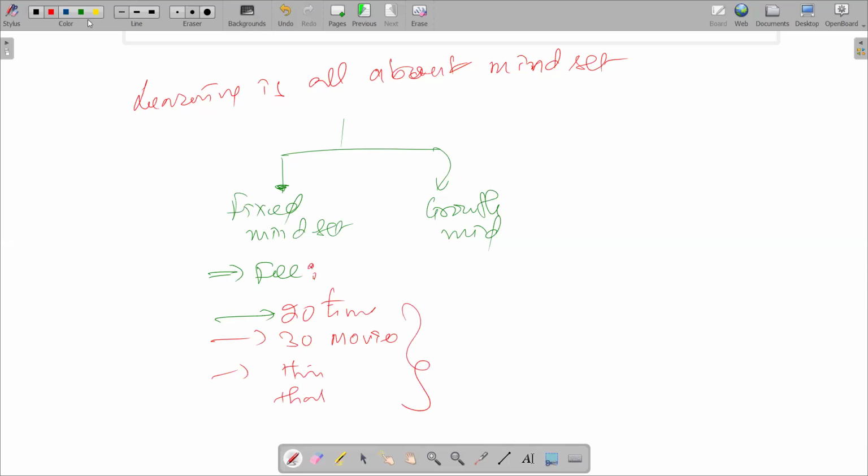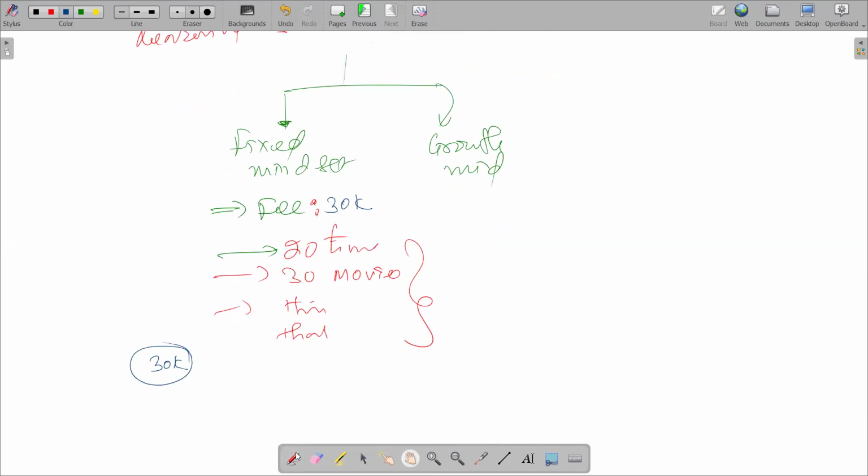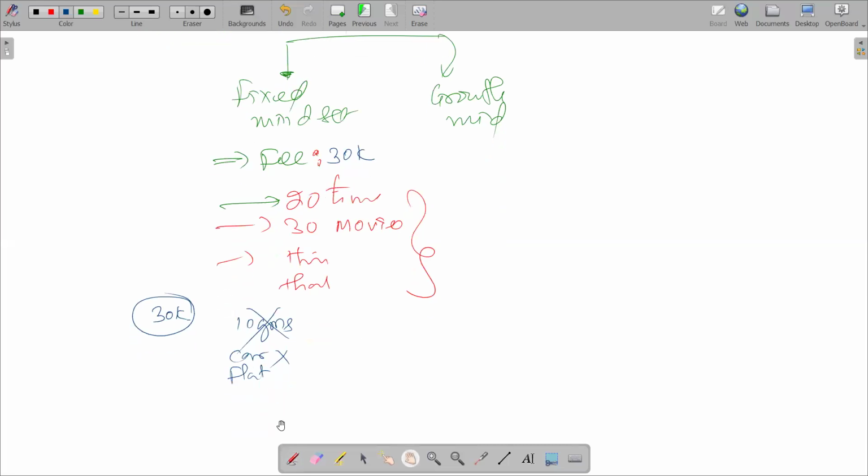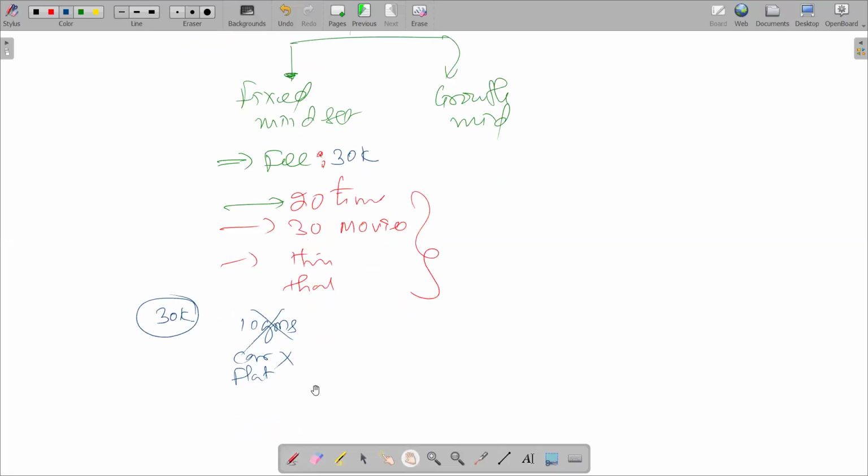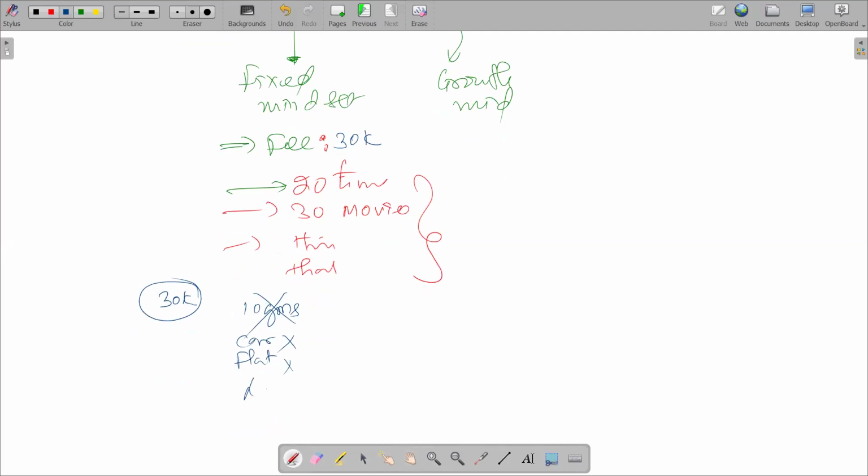But growth mindset people, for example, protocol testing is a 30,000 fee. With this 30,000, what will you purchase? You cannot purchase even 10 grams of gold, a car, a flat, or even land.